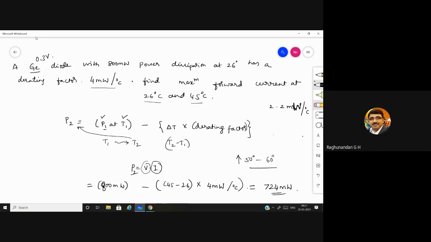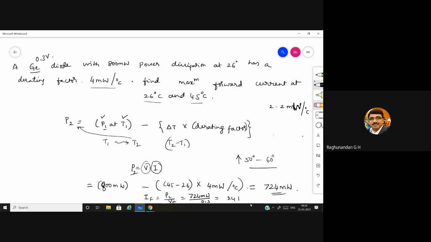Now, going back to this equation, I can rewrite it as IF is equal to P2 by VF. So 724 milliwatts divided by 0.3. What is your answer? 241.33.